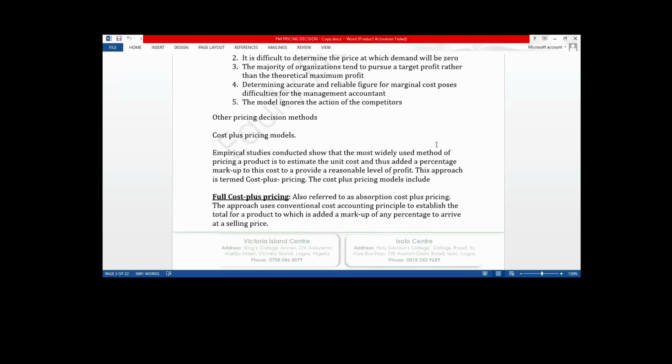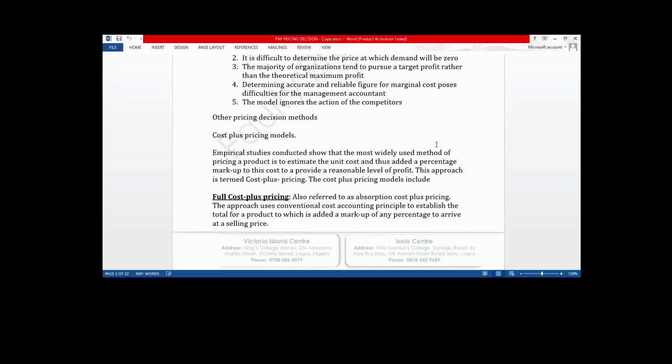Under this method, the total cost of the product is calculated.